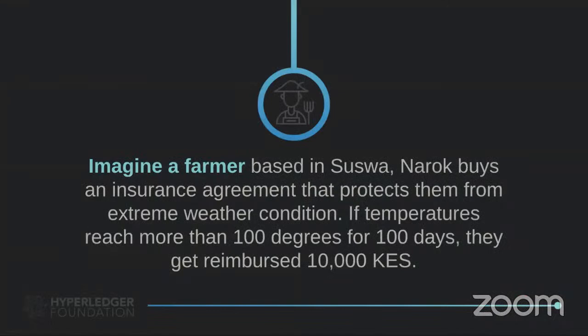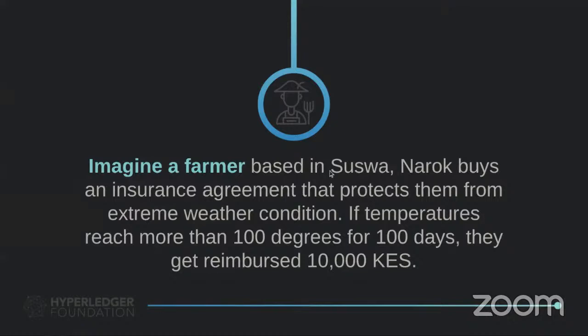So we have a use case where you can imagine the insurance sector, where there is an agreement between the insurer and the insured for a certain condition to happen. Then the smart contract executes and the logic goes on.